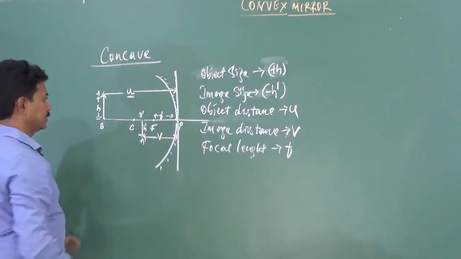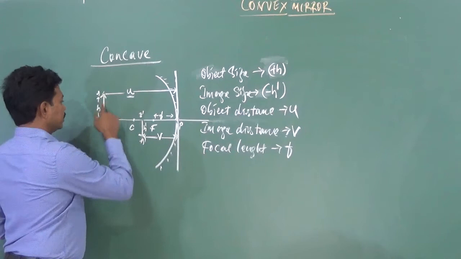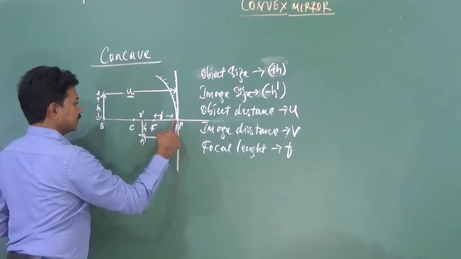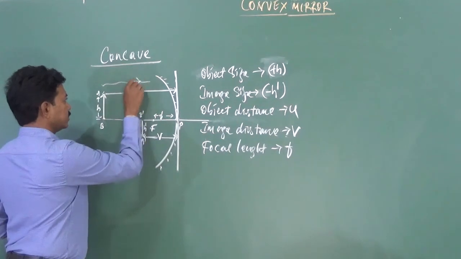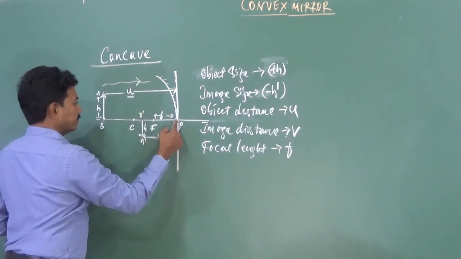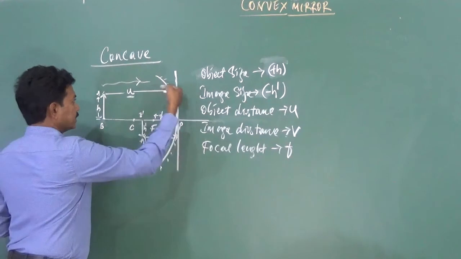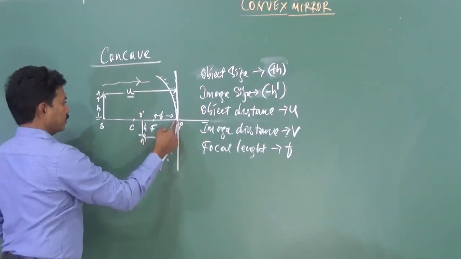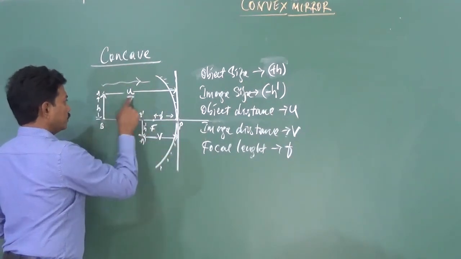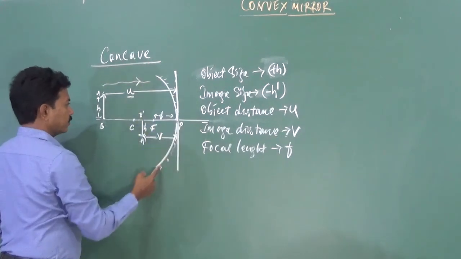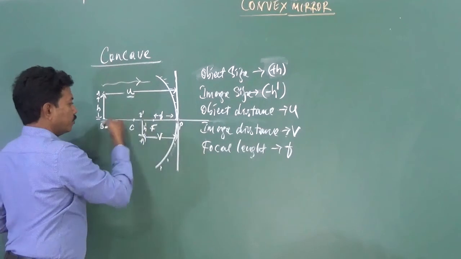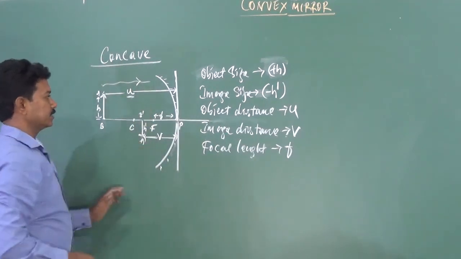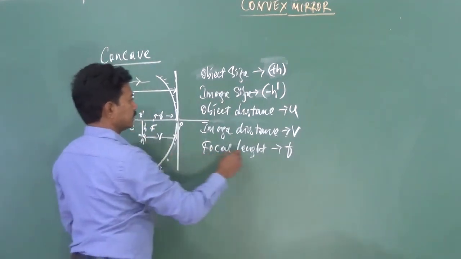You should remember this. Now we will measure the object distance, the distance of the object from the pole of the mirror. The light rays are coming in this direction, and you are measuring from here to here, against the direction of light rays. Therefore the value of u in case of a concave mirror should be taken as negative.